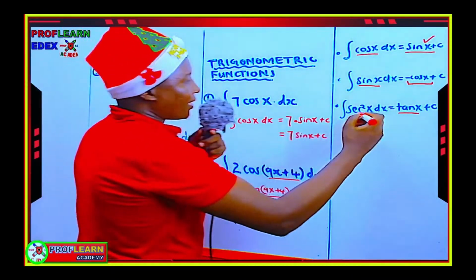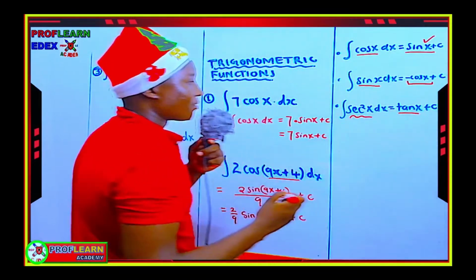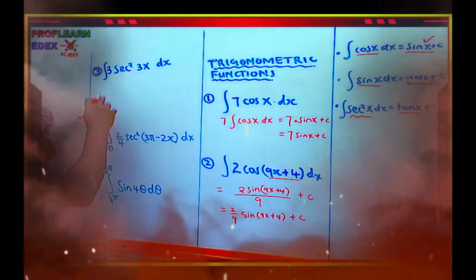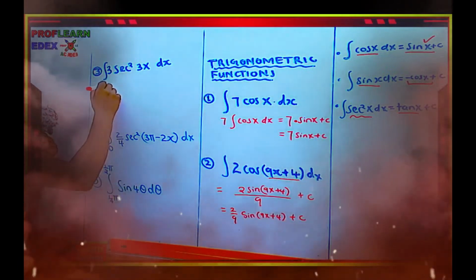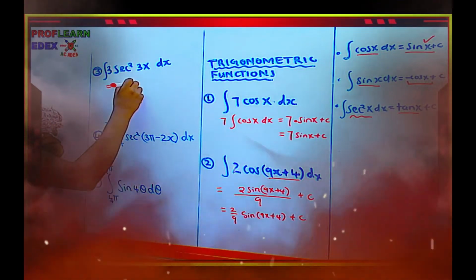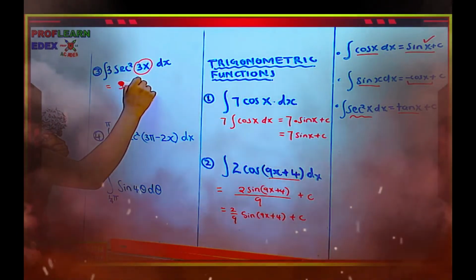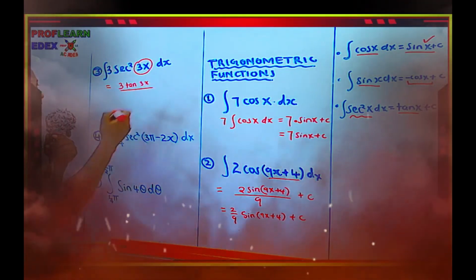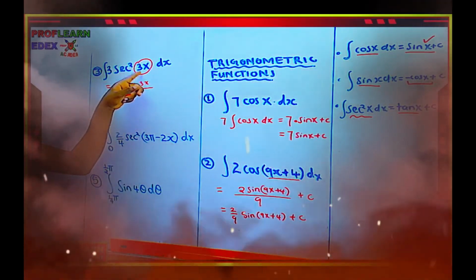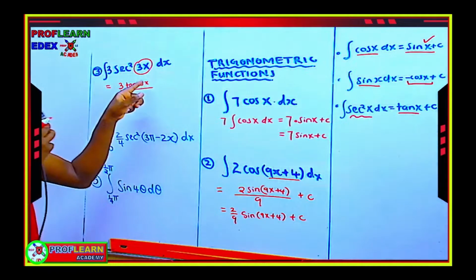But if you are integrating sec squared x, you're going to get tan x. So integrating this, we're going to get 3 tan x, but our x is 3x. Then we're going to divide, because this was not just x, we were having 3x.